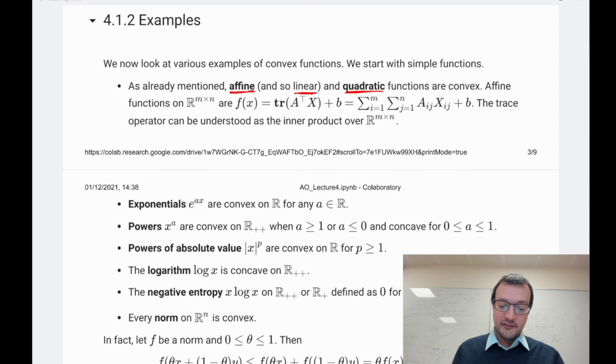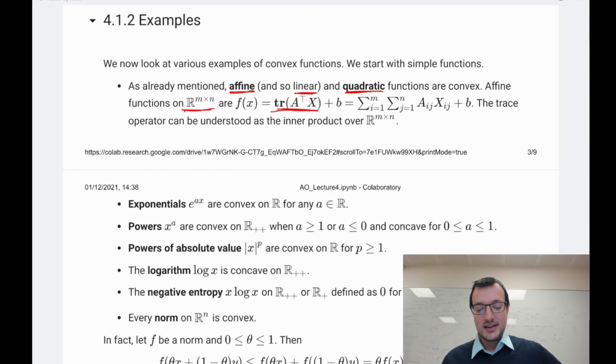We can also define affine functions on R^(m times n), so for matrices, and in that case we need to replace the inner product with the inner product on R^(m times n), which is the trace of the matrix A transpose times X, defined in the following way. Again, this is an affine function, and so it's convex and concave.